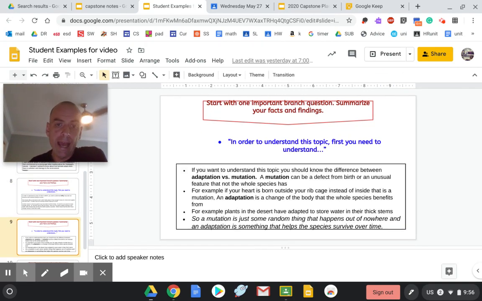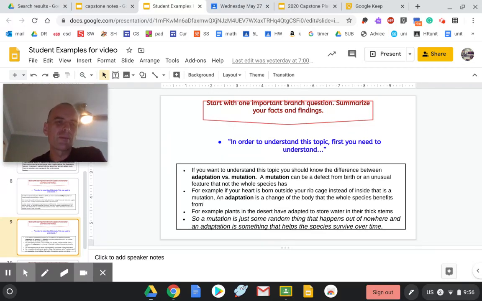Here was Madden. If you want to understand this topic, you should know the difference between adaptation versus mutation. So that's the topic sentence. A mutation can be a defect from birth or an unusual feature that not the whole species has. For example, if your heart is born outside your rib cage instead of inside, that is a mutation.